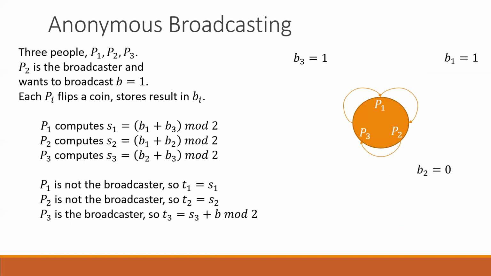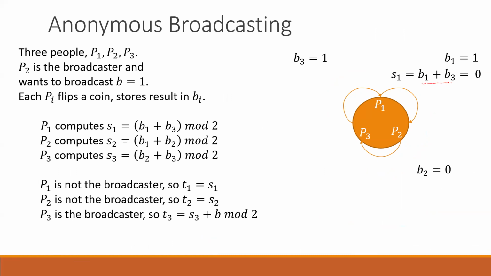Okay, so for example, let's say everyone flips their bit. Again, we'll have P3 broadcasting, but P1 gets a 1 just by flipping a coin. P2 gets a 0 and P3 gets a 1. Now B3 gets shown to person 1.